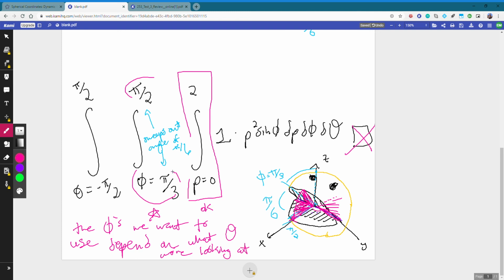And so we'd have to do this whole crazy analysis to figure out what phis we want to use depending on what theta, get phi as a function of theta, and it'd just be a mess.